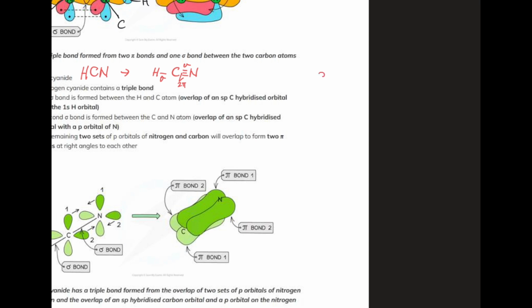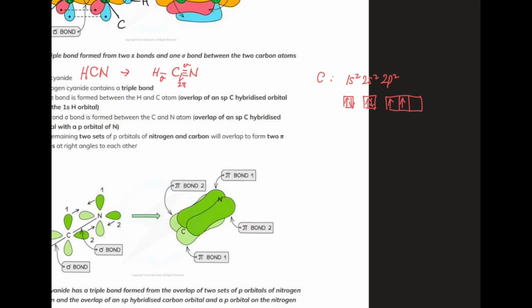You see, carbon is 1s2, 2s2, and 2p2. Then the orbital diagram is like this. 2 electrons, 2 electrons, and 2 electrons.